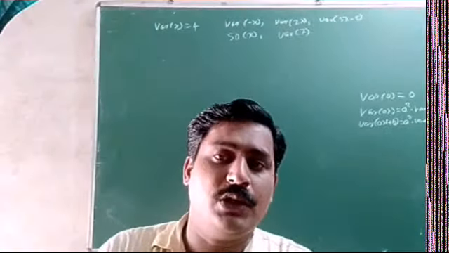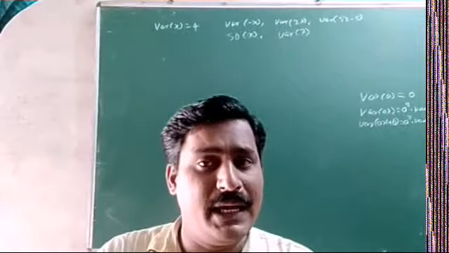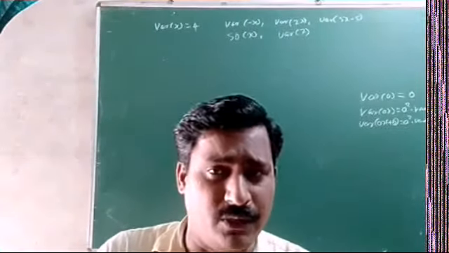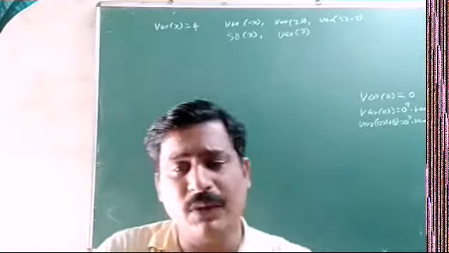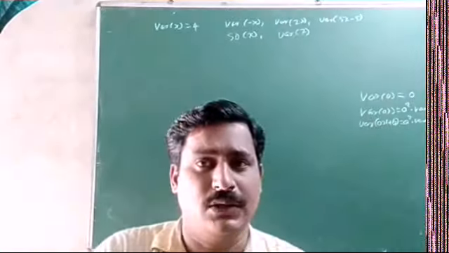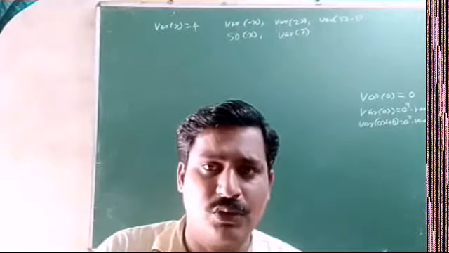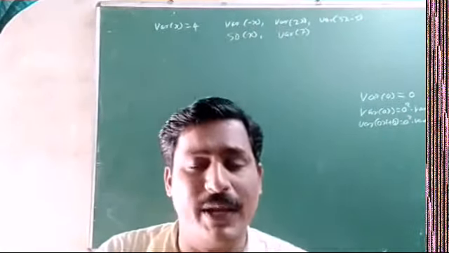So for variance of minus x, there is a minus 1 behind the x value, so minus 1 into x. To find variance, we square the x values, so along with that, the minus 1 will also be squared there.